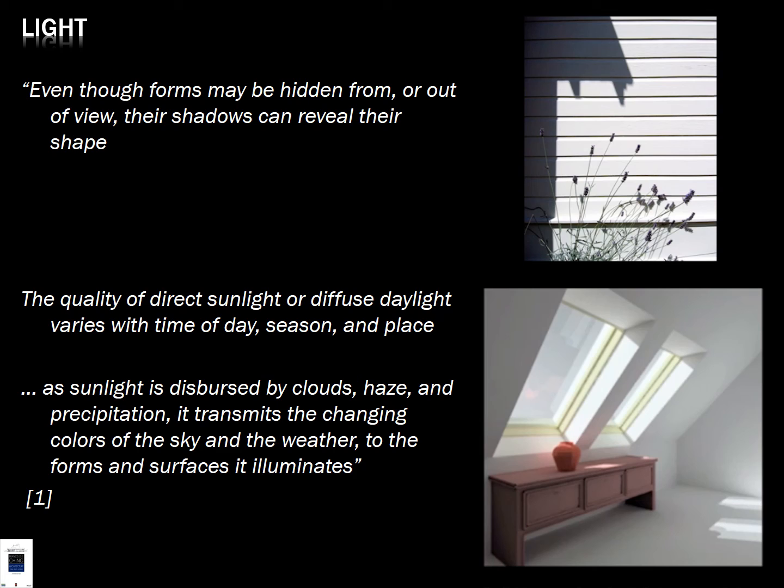And as sunlight is dispersed by clouds, haze, and precipitation, it transmits the changing colors of the sky and the weather to the forms and surfaces it illuminates. So you may want those colors of the sunset coming in, depending on how you're orchestrating the sunlight and bringing it into your building.